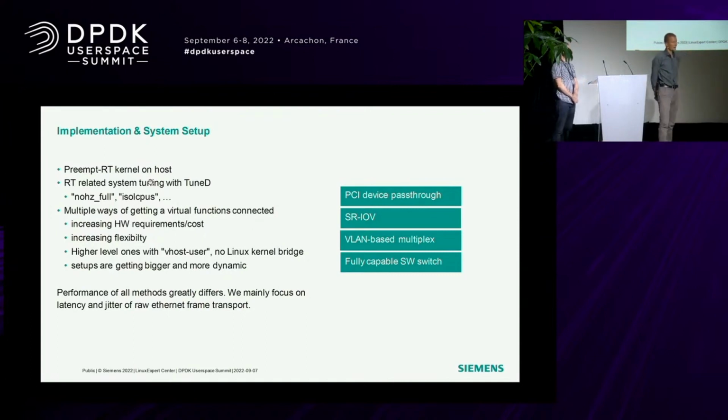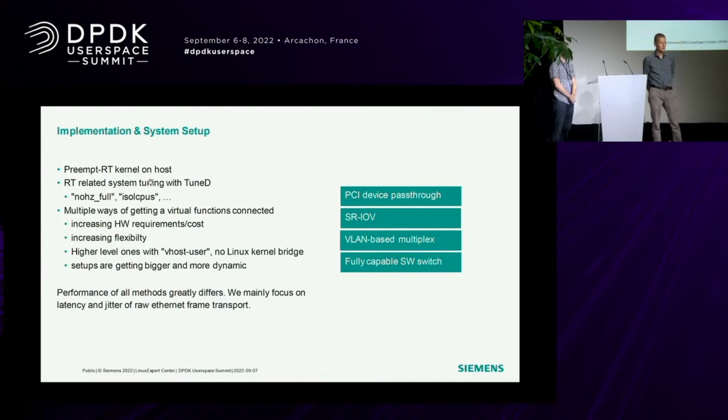So what you do next is you apply tuning, which basically means you isolate CPUs, you maybe change the way the clock works, you maybe disable hyperthreads, and so on and so forth. I'm not going to go too much into detail.